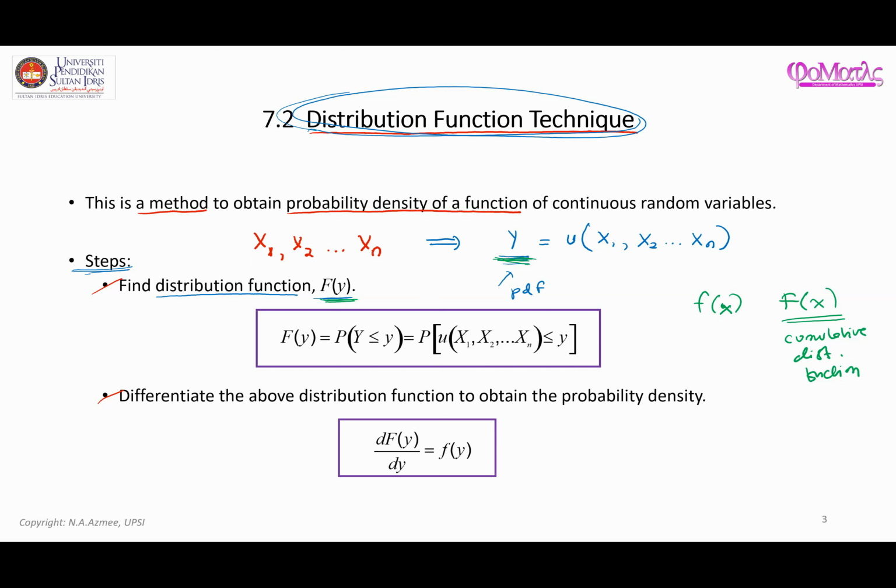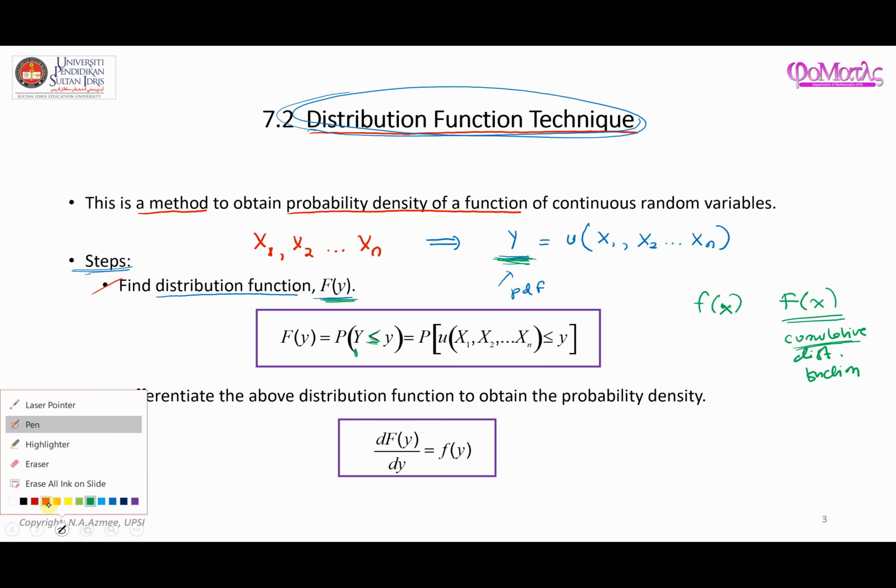Mathematically speaking, finding the CDF is the same thing as finding the probability that our random variable Y takes a value less than or equal to small y. Small y here is a specific value, and when you talk about cumulative, you're talking about less than or equal to.